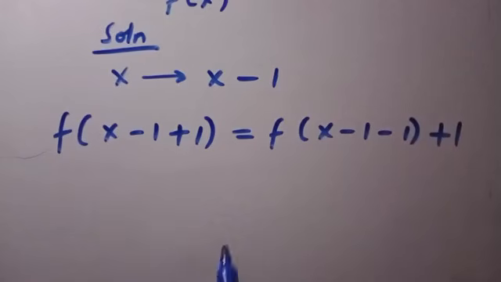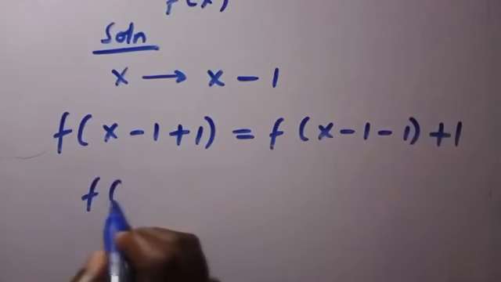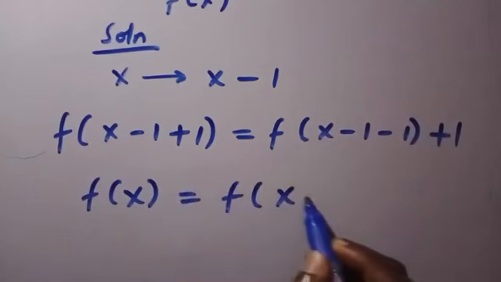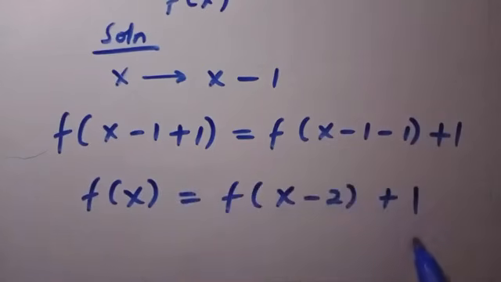So having this, it becomes f(x) = f(x-2) + 1. So this is what we have.